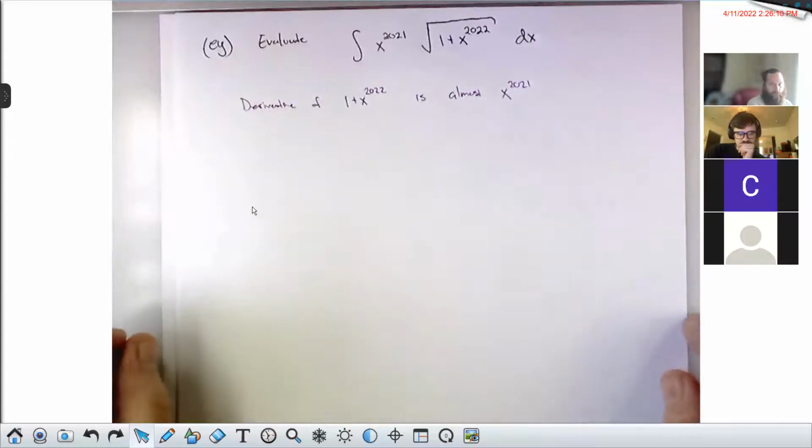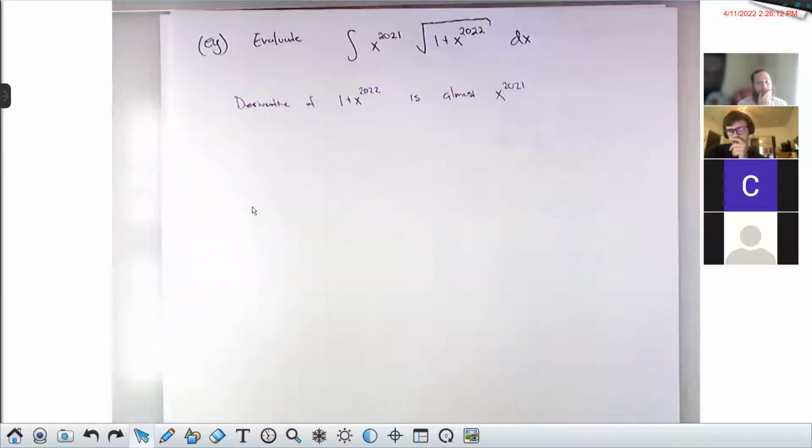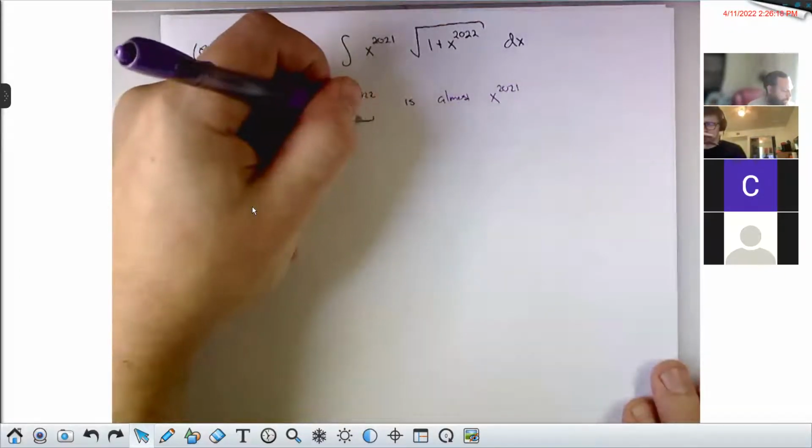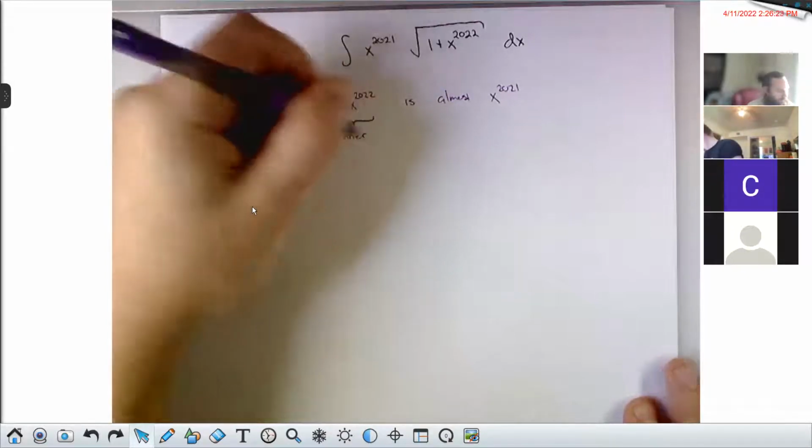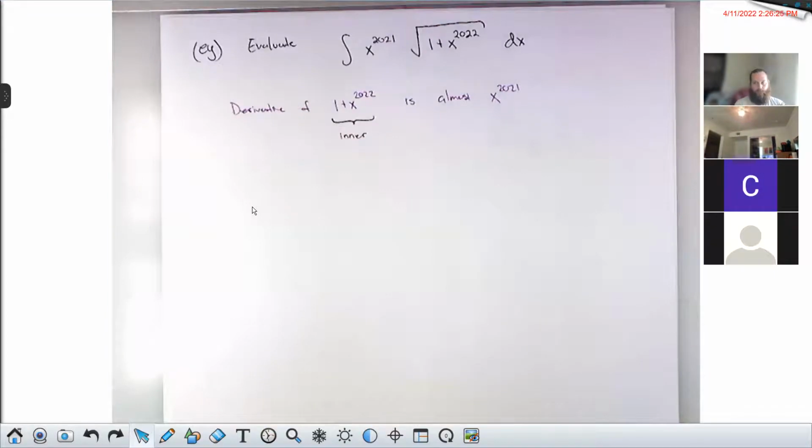So what would I substitute for here? I'm just gonna guess 1 plus x to the 2022. Perfect. Yeah, exactly. We generally want to sub for the inner function. And here my inner function is 1 plus x to the 2022.